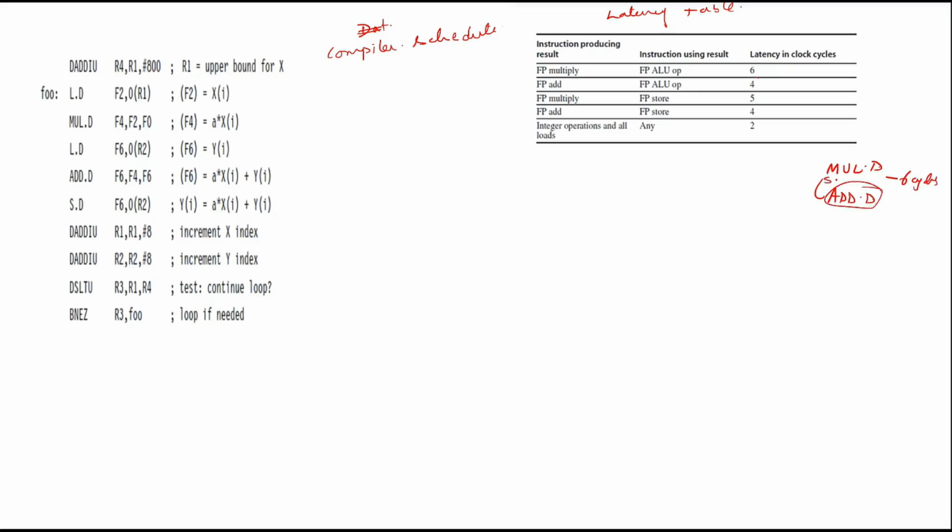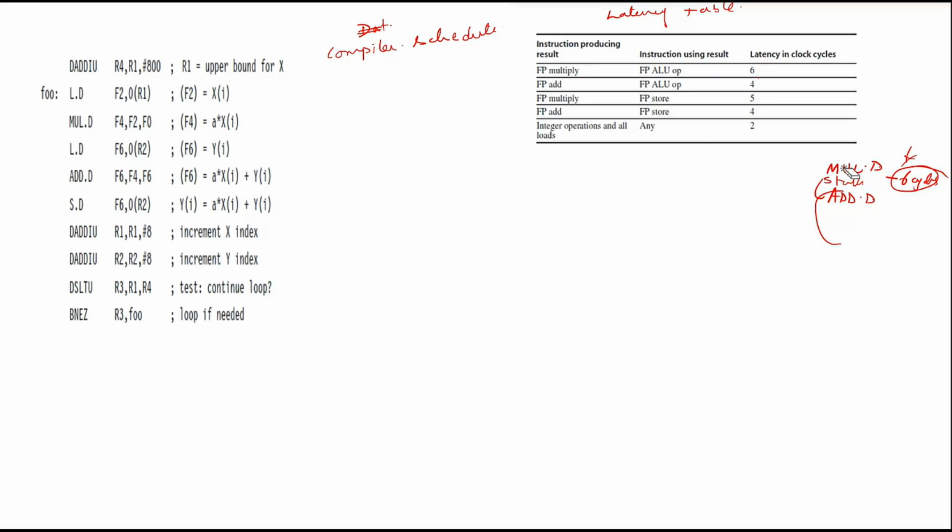So the pipeline has to wait for 6 cycles, and our aim is to reduce these cycles. One way or another we have to schedule the instructions so that the number of cycles is reduced. That is the objective of the compiler, so on behalf of the compiler, we will see how it is going to be done.